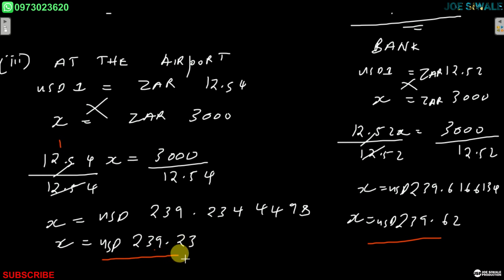Which means that we're going to sell our South African Rand at this rate. So we're going to sell it at $1 is equal to 12.52 South African Rand, and the amount that we're going to receive is 239.62 United States dollars. So that's how you can answer this type of question which comes from the foreign exchange market.